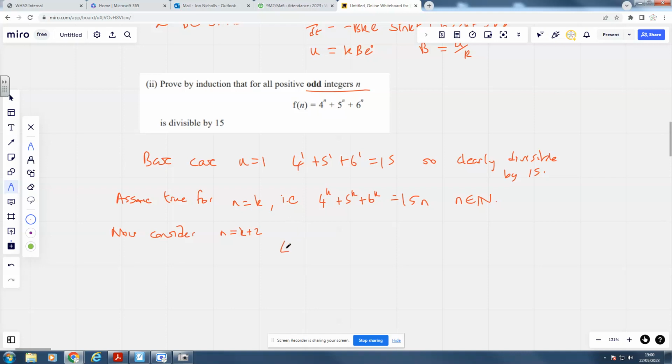So what do we have here? We have 4 to the k plus 2, plus 5 to the k plus 2, plus 6 to the k plus 2. Okay, that's the same as 16 times 4 to the k. Now, the reason I've done that is so I can introduce my inductive result.